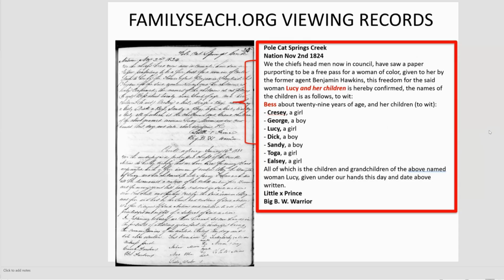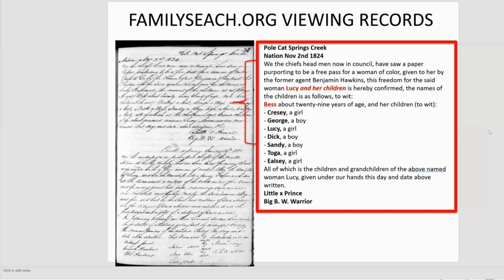The names of the children is as follows, to wit: Bess, about 29 years of age, and her children, to wit: Creasy, a girl; George, a boy; Lucy, a girl; Dick, a boy; Sandy, a boy; Toga, a girl; Elsie, a girl. All of which is the children and grandchildren of the above named woman, Lucy, given under our hands this day and date above. Little Prince and Big Warrior.